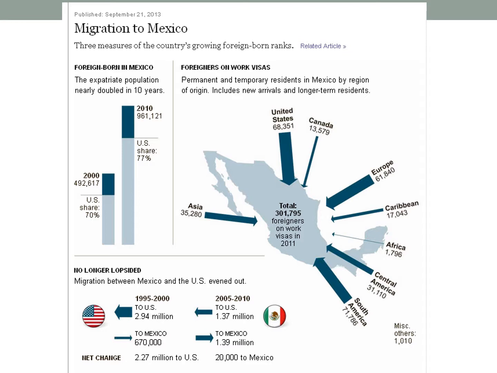And so this is something to consider, and maybe not even specifically for Mexico, but for really any country. As countries become more developed, are we going to see changes in migration patterns? And the answer is absolutely yes. And so how is that going to impact us here in the United States? How is that going to impact people in other countries? And so that's something to really keep in mind.